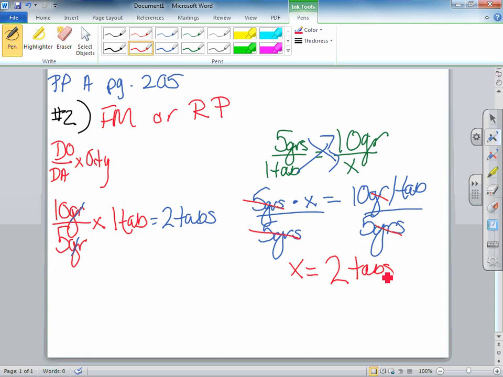So, moving forward, I want you guys to do the remaining of these practice problems, numbers 3 through, I believe, 20. Pages 205 to 214. You're going to interpret the order, provide the dose, either using the formula method or the ratio proportion method, and then you're also going to give me the prescription label.